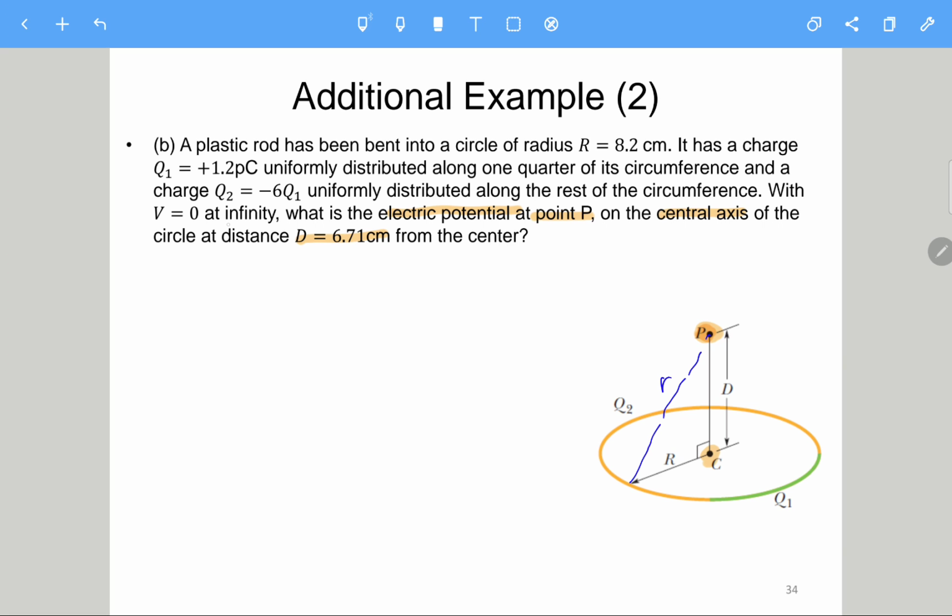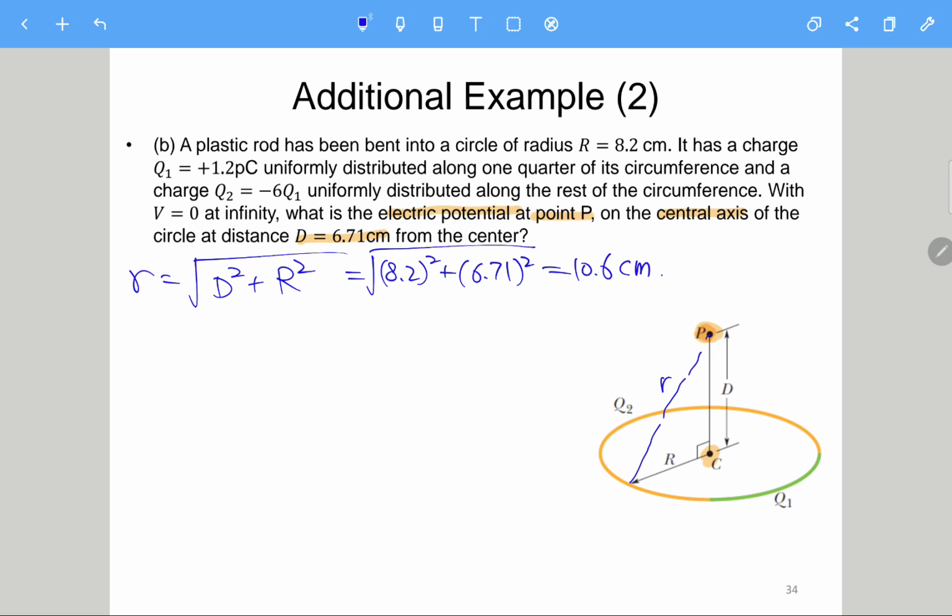Small r is the square root of d squared plus capital R squared. So it will be 8.2 squared plus 6.71 squared. Take the square root, which is 10.6 centimeters.